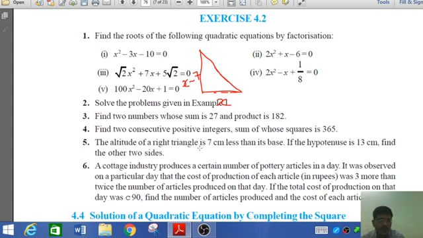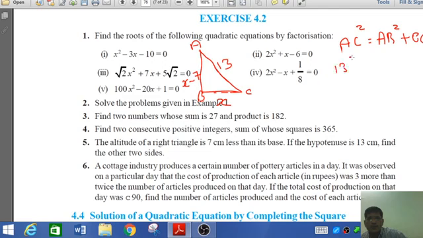Altitude of the right angle triangle is 7 less than the base, so x minus 7. And the hypotenuse is given as 13. Again if we apply Pythagoras, here it is A, here it is B, here it is C. So if I apply Pythagoras, then C square is equal to AB square plus BC square.